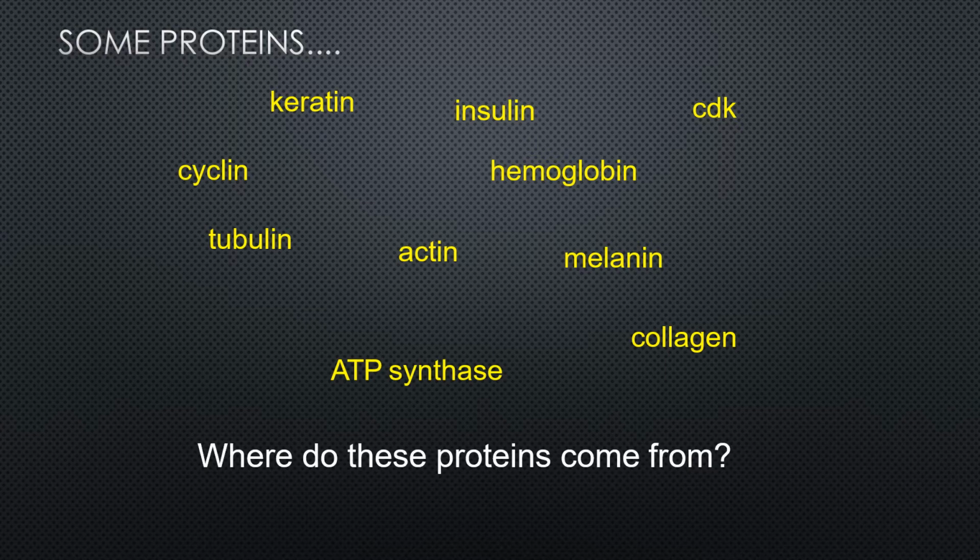Insulin helps to regulate your blood sugar levels. Hemoglobin is a protein in your red blood cells that allows it to carry oxygen to various parts of your body. So all of these are proteins, and as you know, they're super important for any kind of metabolism within your body. So where do these proteins come from?